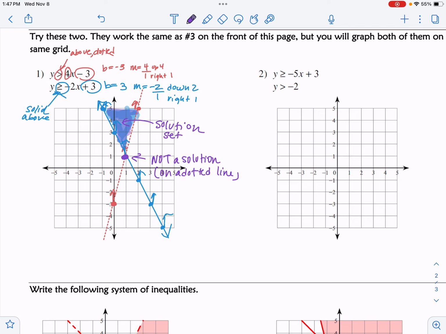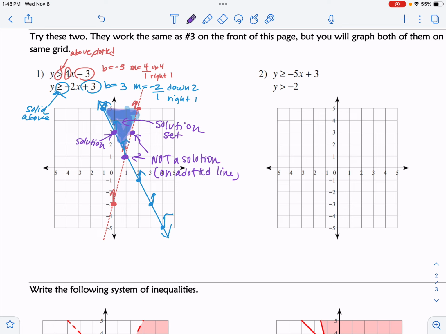And so another non-solution would be that. Wait, so how do you know if it's dotted or not? Because there was no line underneath this first inequality. And so this point right here would be a solution because it's on a solid boundary. So treat the solution set like a pool.